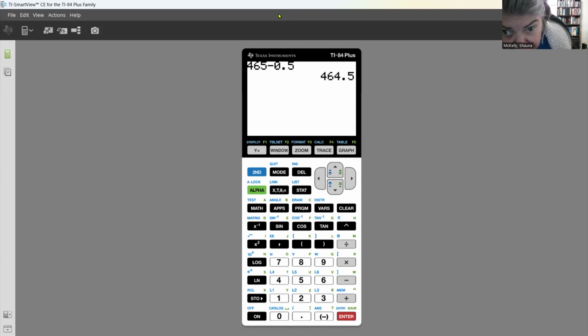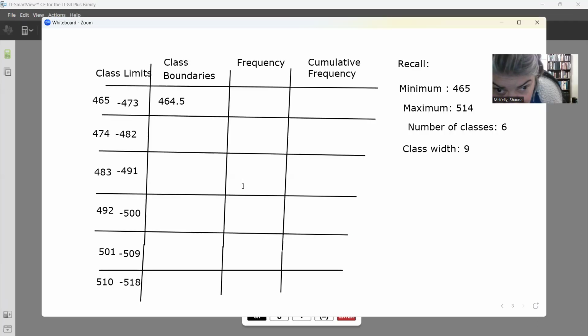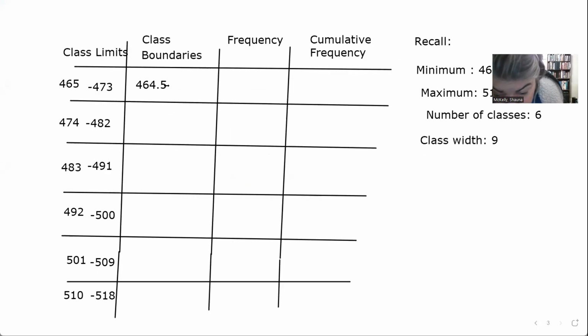So I'm going to say that this is 473.5. Now, it's a pattern after that. You're going to repeat because these ones overlap, okay? These numbers overlap each other.